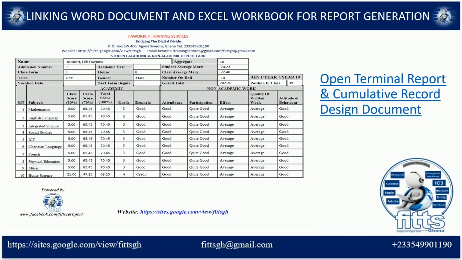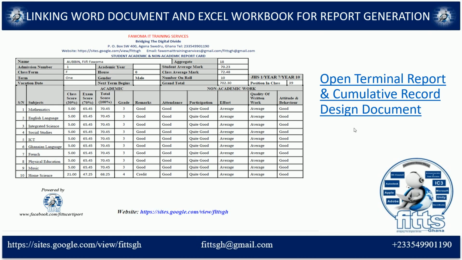We've successfully linked our Excel workbook, that is the various worksheets, to our terminal report design in Microsoft Word. And we also looked at how we can set up our system, that is our Gmail account, with Microsoft Outlook, because we'll be needing that for the automation of these individual reports to their respective parents.